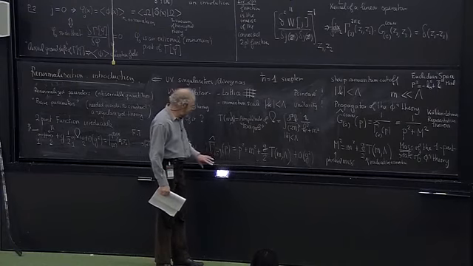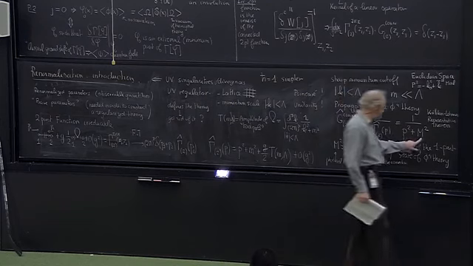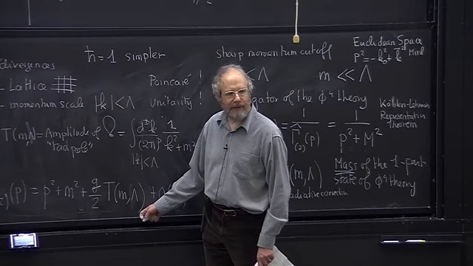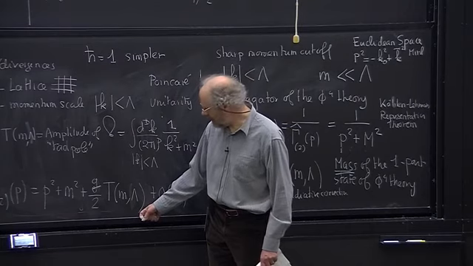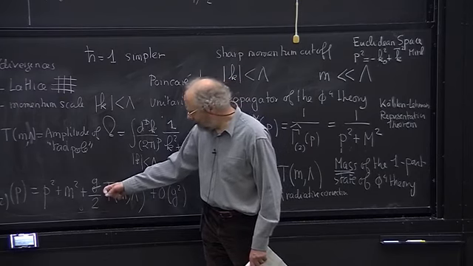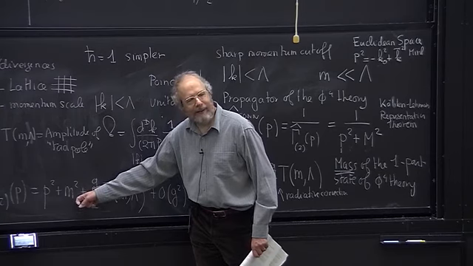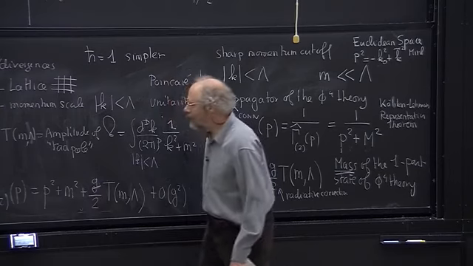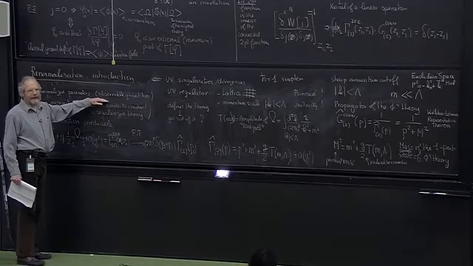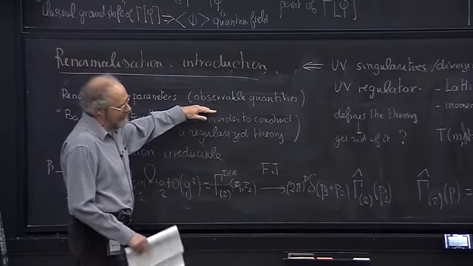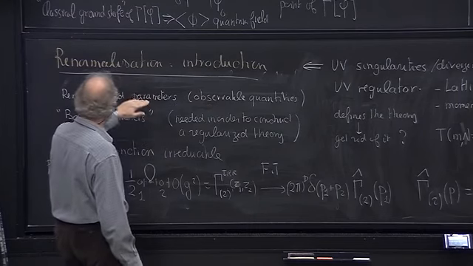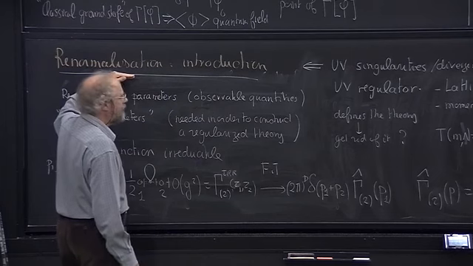If you want to construct a theory with a given physical mass, you have to construct your quantum theory through a path integral, being very careful about what the parameters g and m in the path integral are, compared to the physical parameters of the theory that I'm measuring in an experiment, like the mass and later on the coupling constant. So that's what we are going to do tomorrow. So this was just an introduction. We are going to discuss renormalization tomorrow.